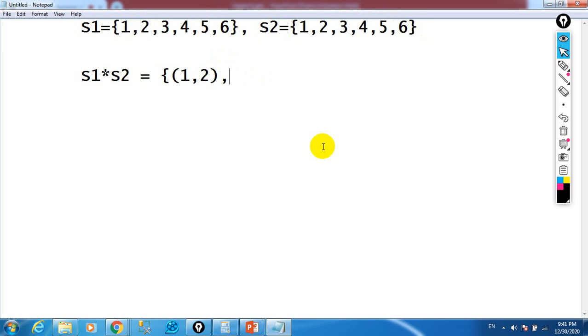So there will be a possibility of 1 1, 1 2, then a possibility of 1 3, 1 4, 1 5, 1 6.